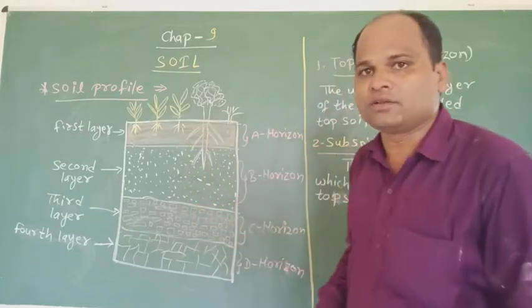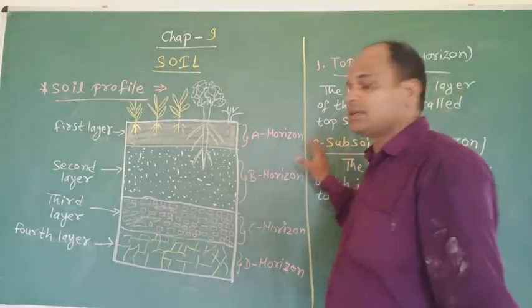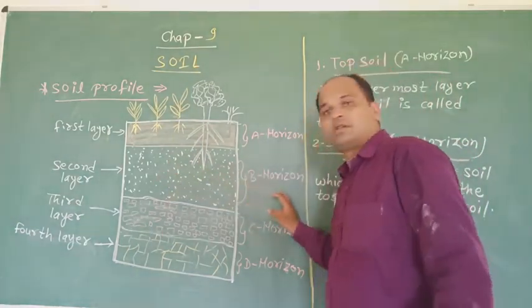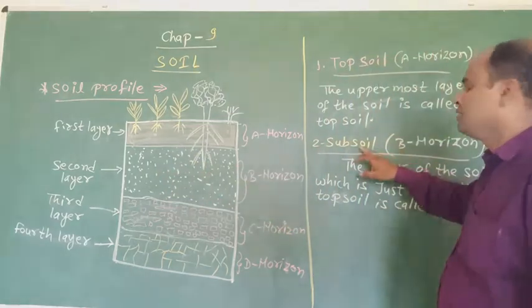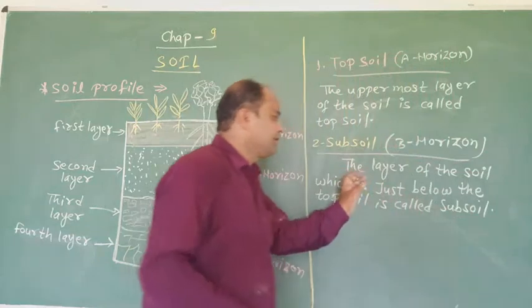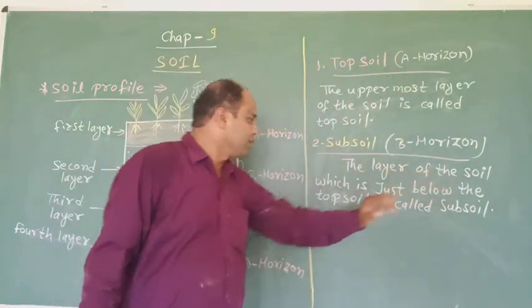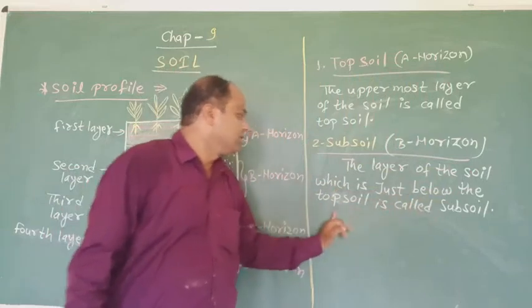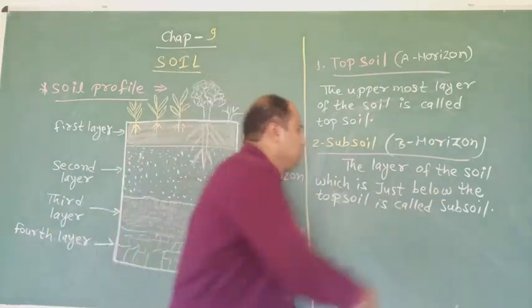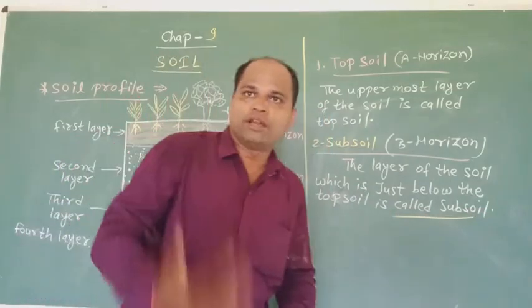I hope you all understood. Next, the second layer is the B horizon, and its other name is subsoil. What is subsoil? The layer of the soil just below the topsoil is called subsoil. It has many features.